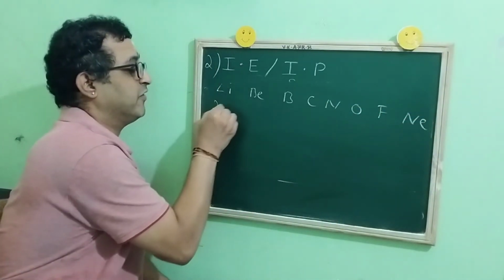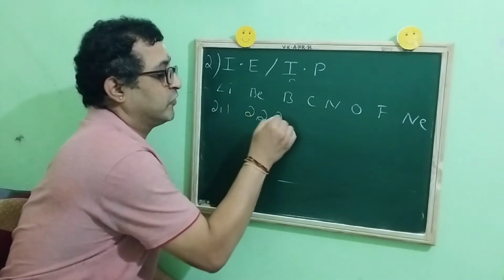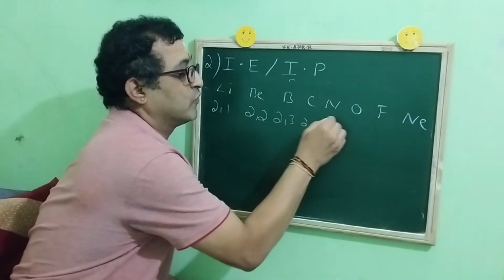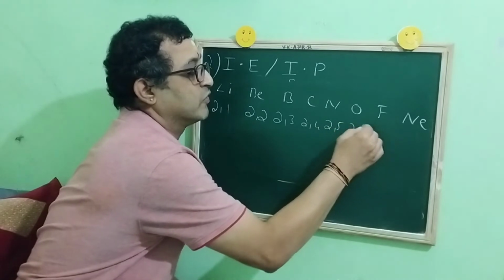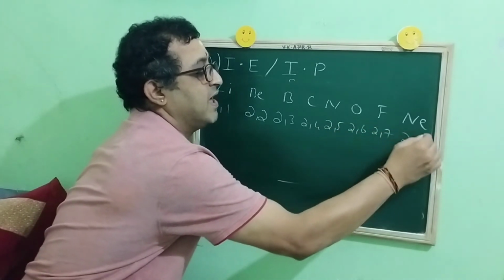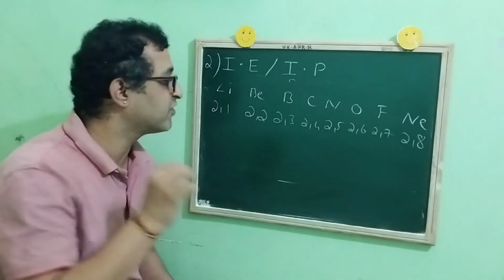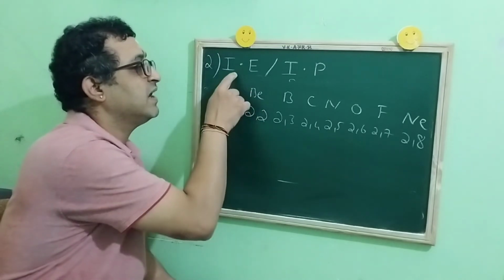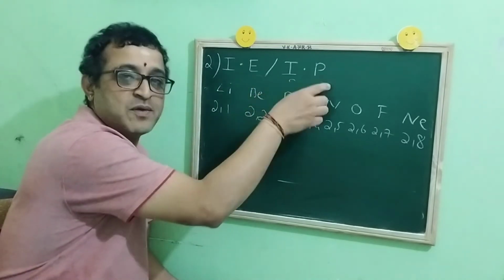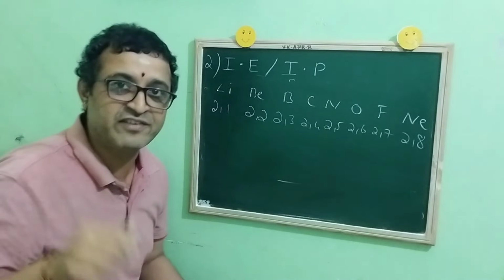Neon. The configuration is 2-1, 2-2, 2-3, 2-4, 2-5, 2-6, 2-7, and 2-8. Let us see the ionization energy values or IP values of all these elements.